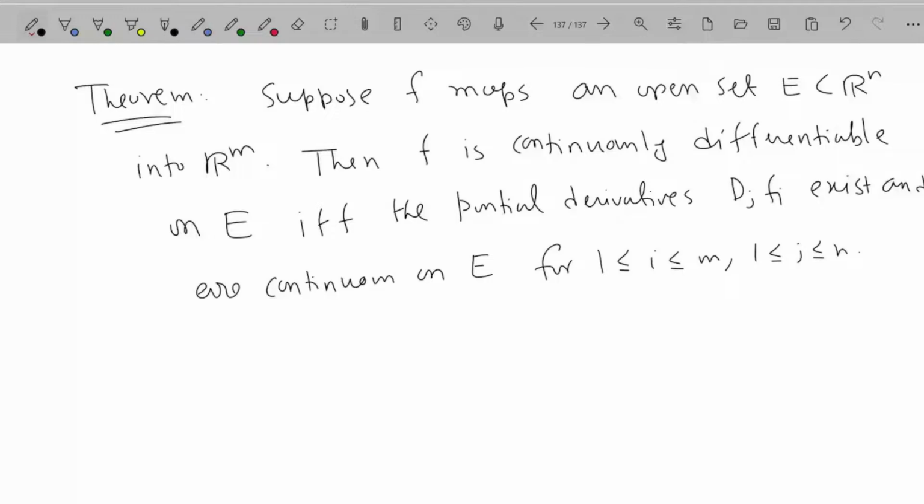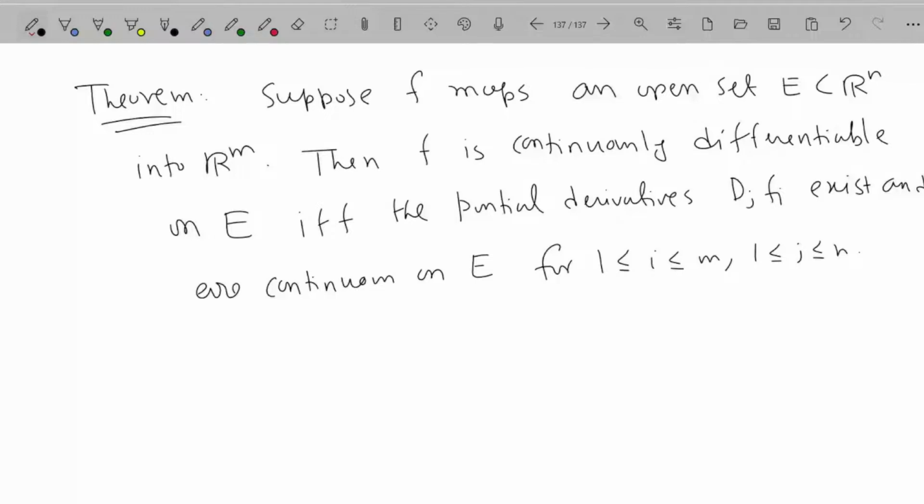So this is an interesting thing. Not only that, if you look at the last function, the partial derivative at the point will exist, but it will not be continuous at the point (0, 0), like x square by x square plus y square. Because of that, it will not satisfy this theorem.